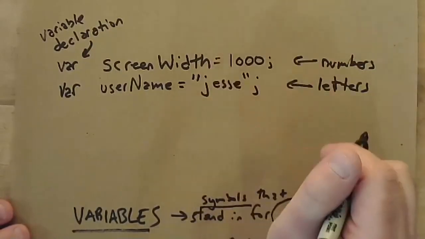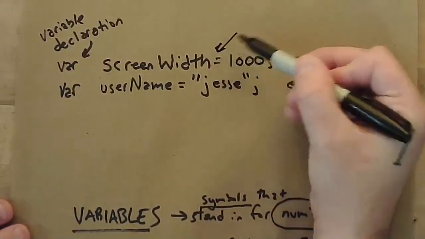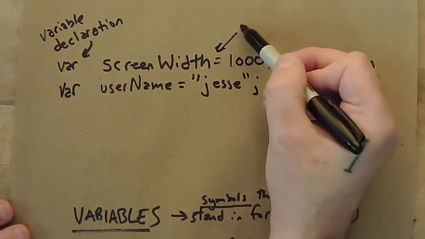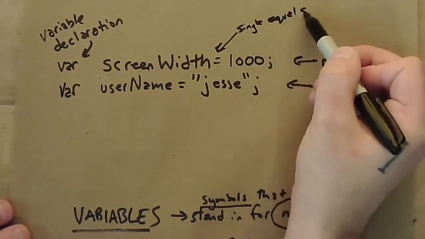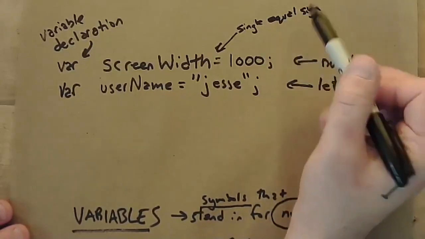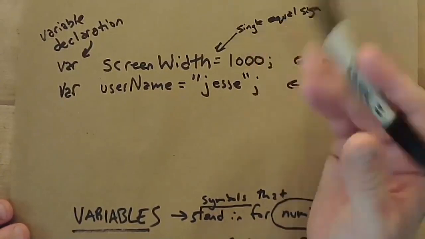So just a couple things before we go on. You'll notice that there is a single equal sign here. Now, I said a single equal sign would not be used in comparison.